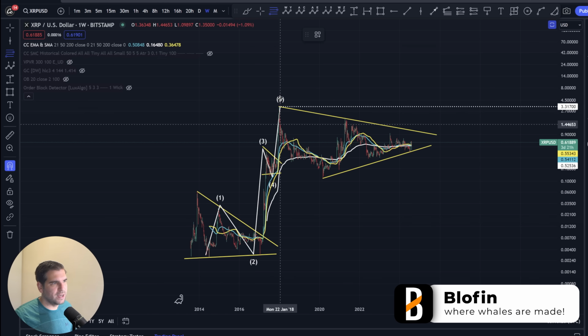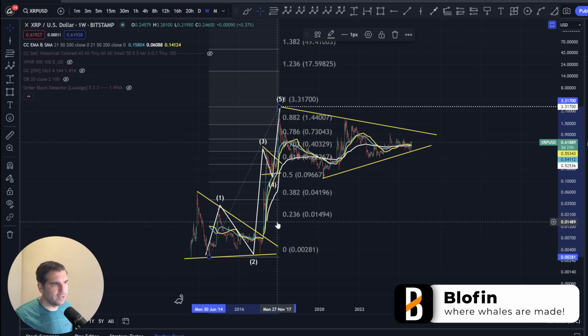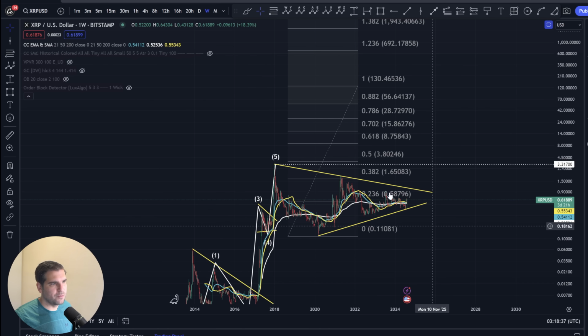Now, if we were to do that, we'd obviously have to see a lot of really good reasons and rationale as to why, but this could be a phenomenal run for XRP over multiple years. We aren't saying that this is going to happen in 2025.